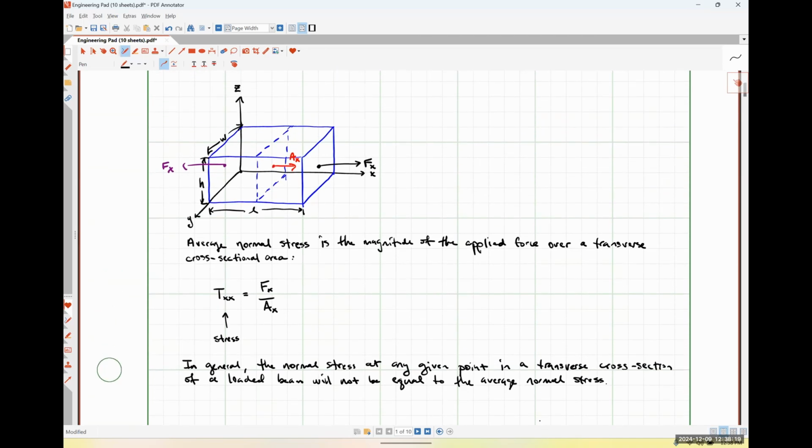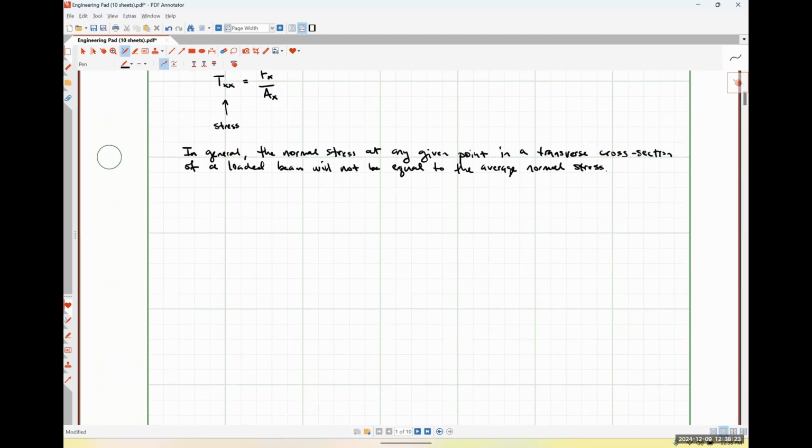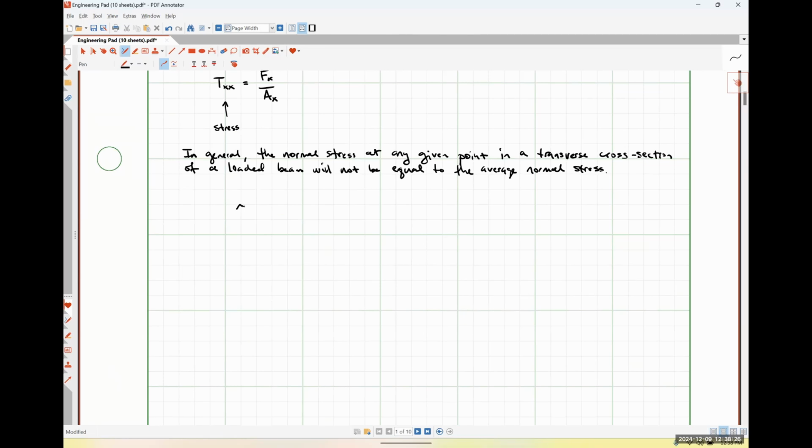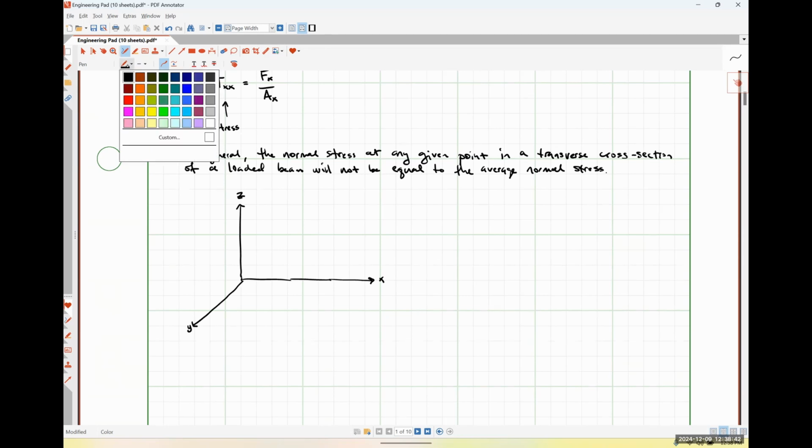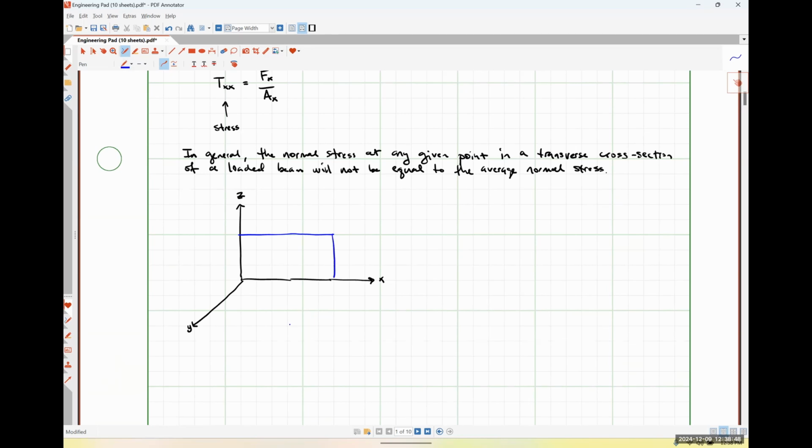I'm going to redraw my beam here, like so.